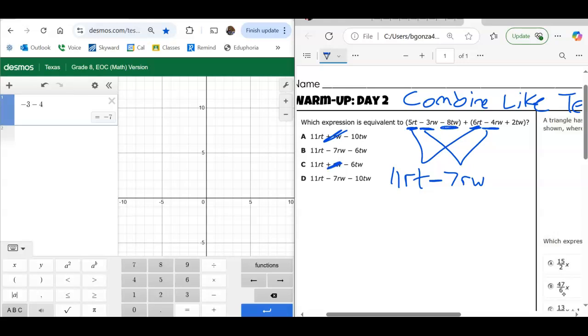Last terms are negative 8 TW, positive 2 TW. What's negative 8 plus 2? If you don't know, use Desmos. Negative 6 TW are the variables. The answer has to be B. Did you get B? Give me a thumbs up if you got B.